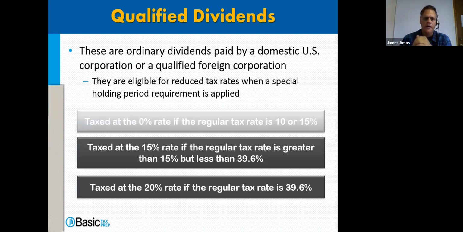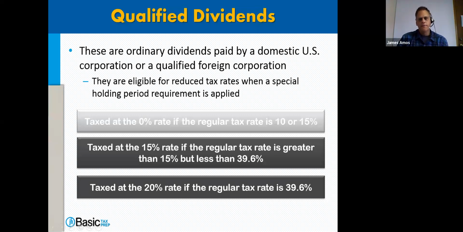What is that lower rate? Well, if your regular tax rate is 10 or 15%, then this is going to be taxed at 0%. If your tax rate is between 15% and 39.6%, you get taxed at 15%. If your regular tax rate is 39.6%, you get taxed at 20%.